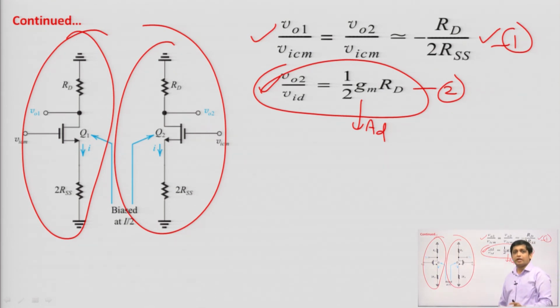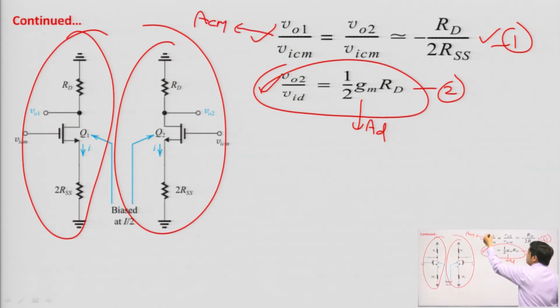It is corresponding to single ended output. For differential output, the differential gain is GM into RD, but for single ended output the differential gain is 1 by 2 GM into RD, and the common mode gain is minus RD upon 2 RSS. This is your common mode gain.